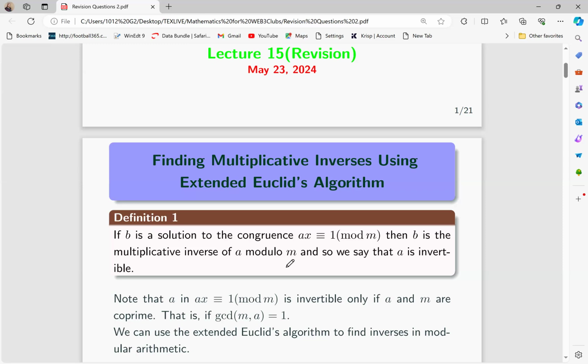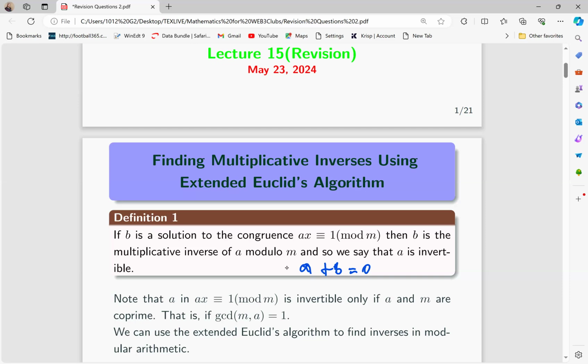Now, what is an additive inverse of R? B would be said to be an additive inverse of R if the sum of these two gives us 0, and then we say that B is the inverse of R.